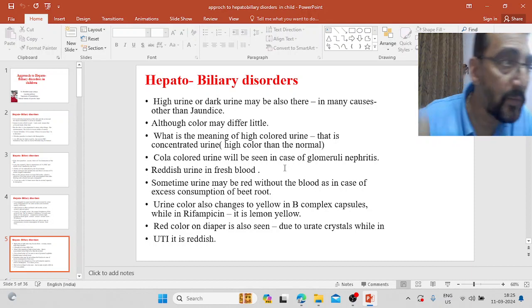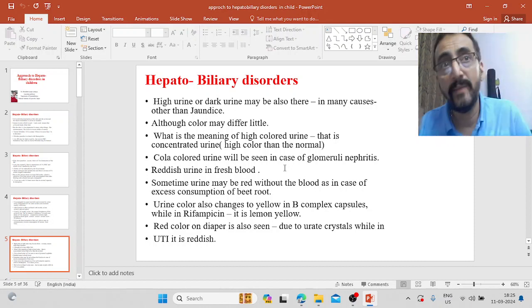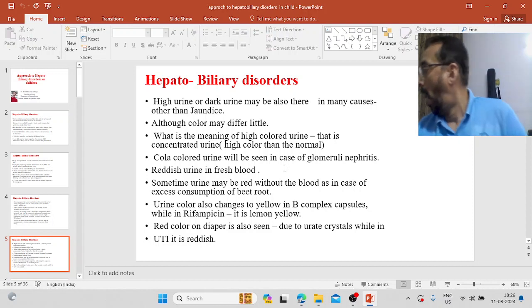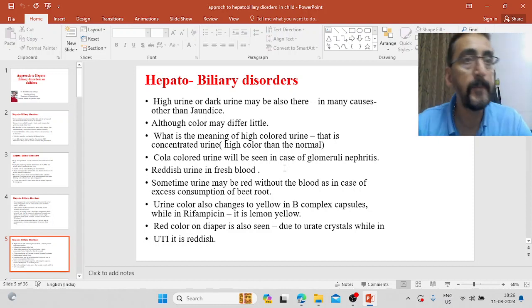So this cola color urine is basically because of kidney bleeding, as it can occur in acute glomerulonephritis. So this should not be confused with yellowish urine or dark urine.